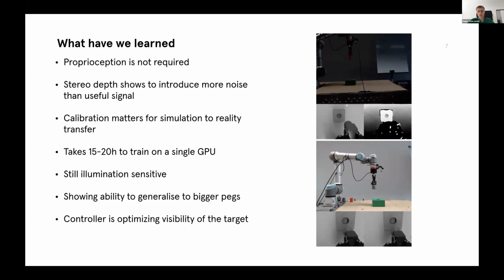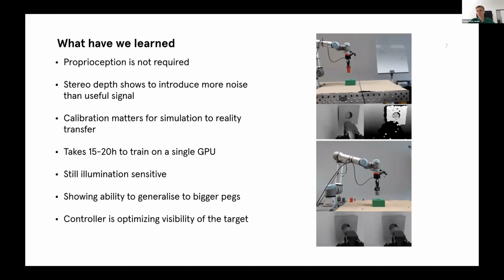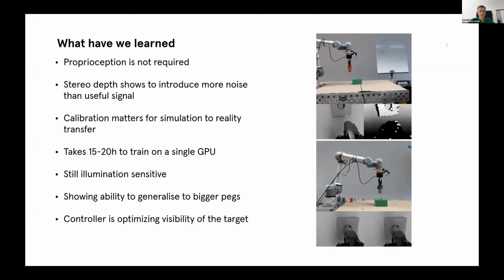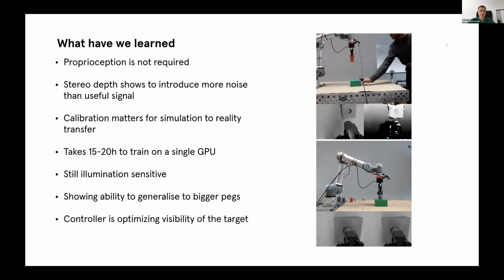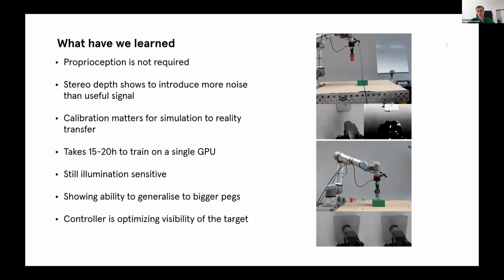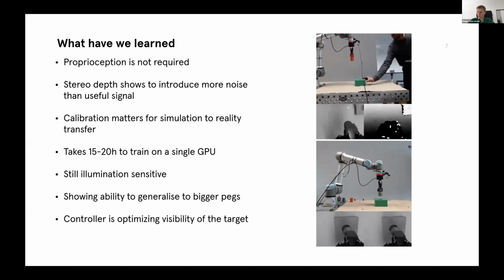Let me start the video. You can see the very specific pattern of the noise, which can hardly be modeled in simulation, and it seems there is no need for it. If we just remove depth from the observation space, we get the same precision and much better Sim2Real transferability.